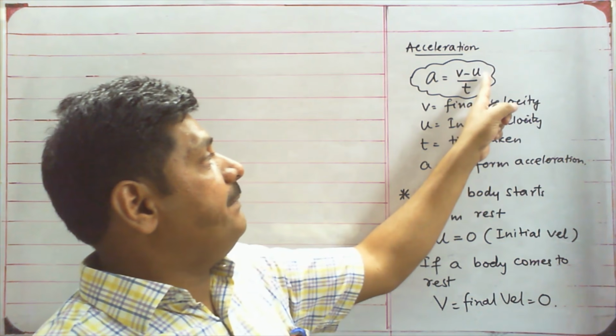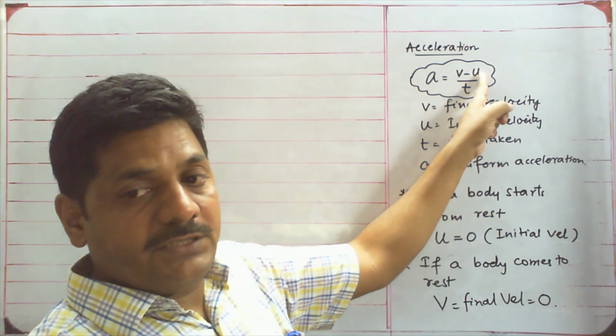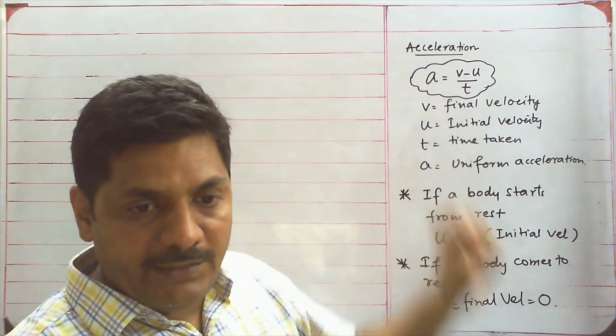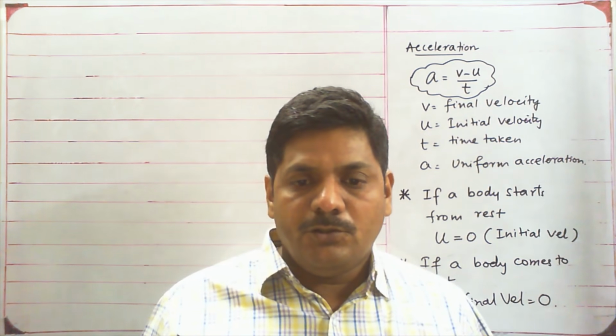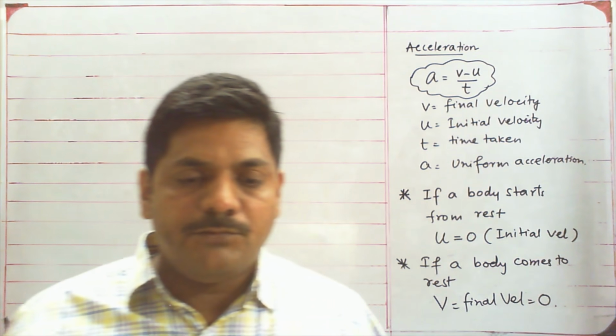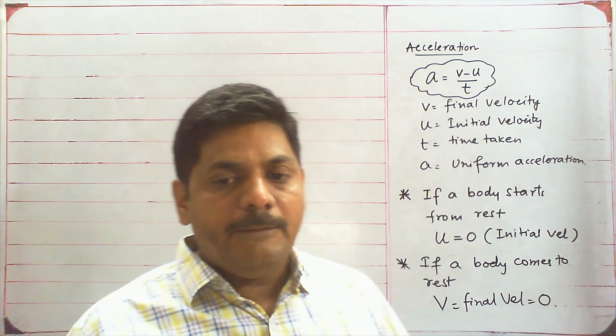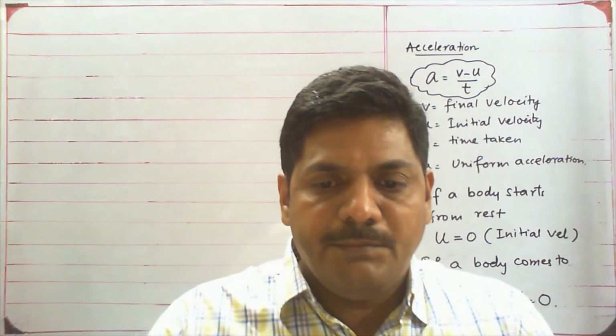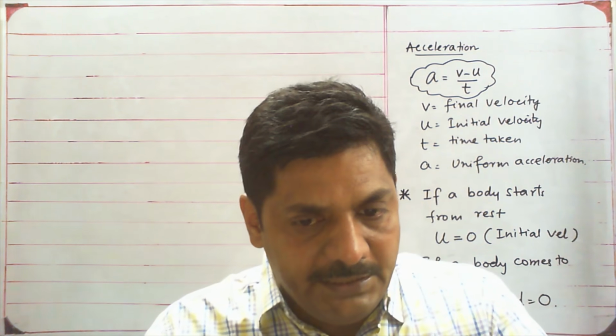Or the initial velocity is given, time is given, acceleration is given, and you may find out the final velocity. So you may solve different types of questions related to this formula. It's a very easy concept, a very easy formula to remember. A is equal to V minus U by T.